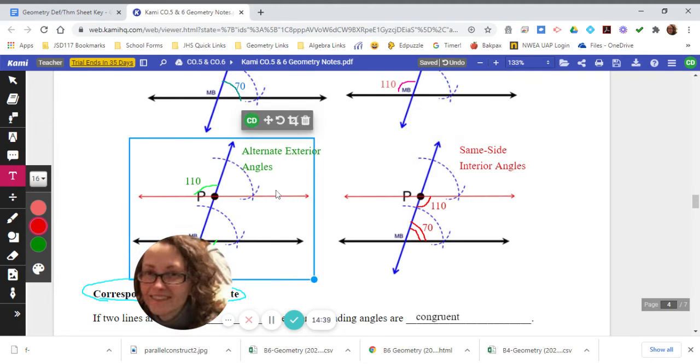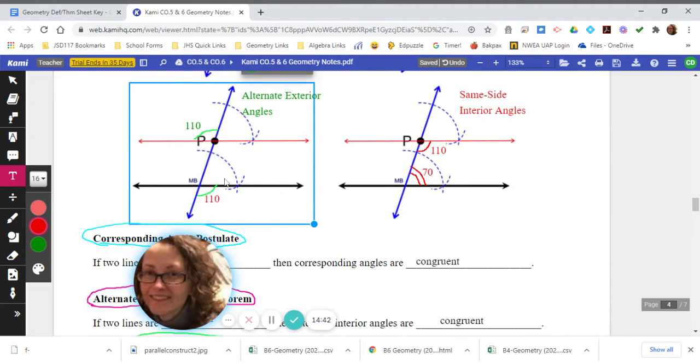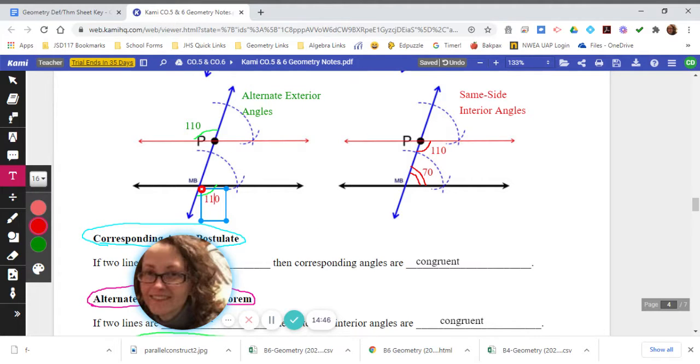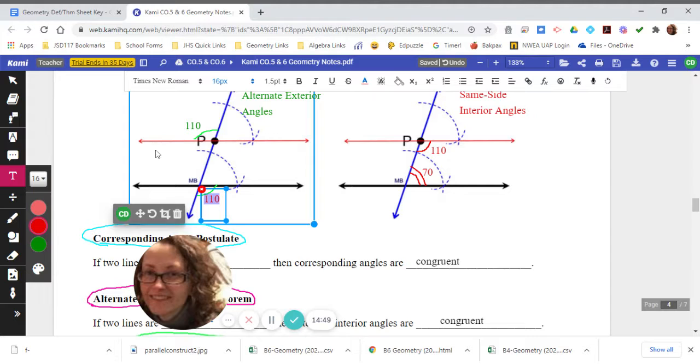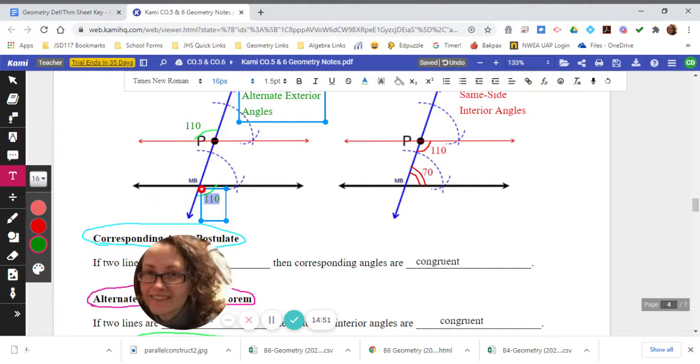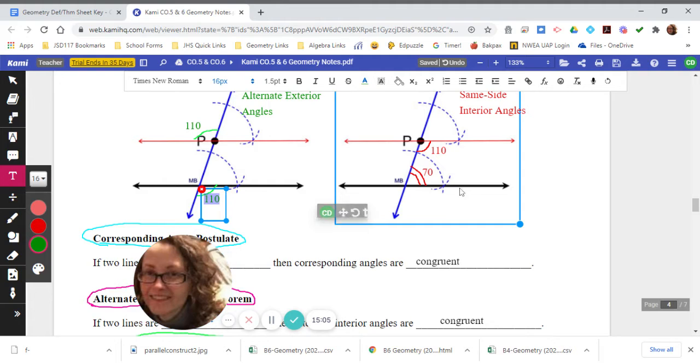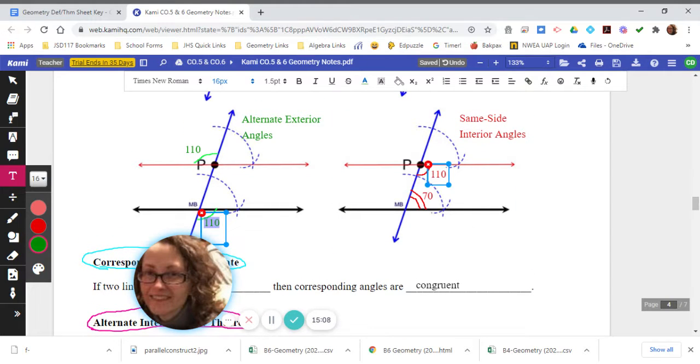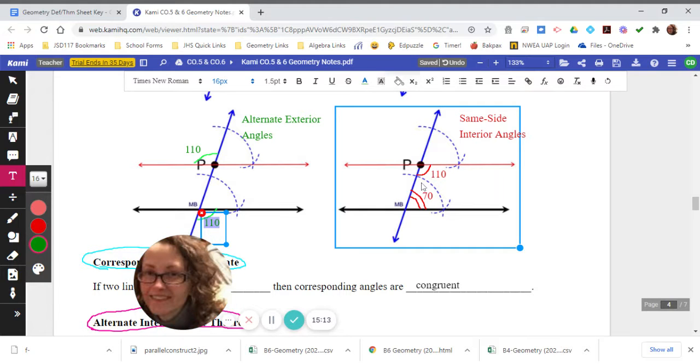So alternate exterior, again, alternating sides of my transversal, outside or exterior of my two parallel lines. These measured on paper 110 degrees.